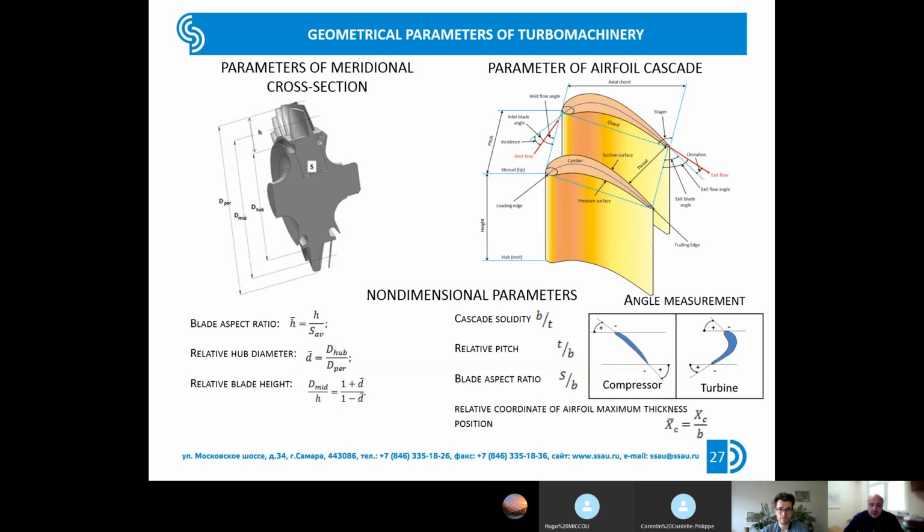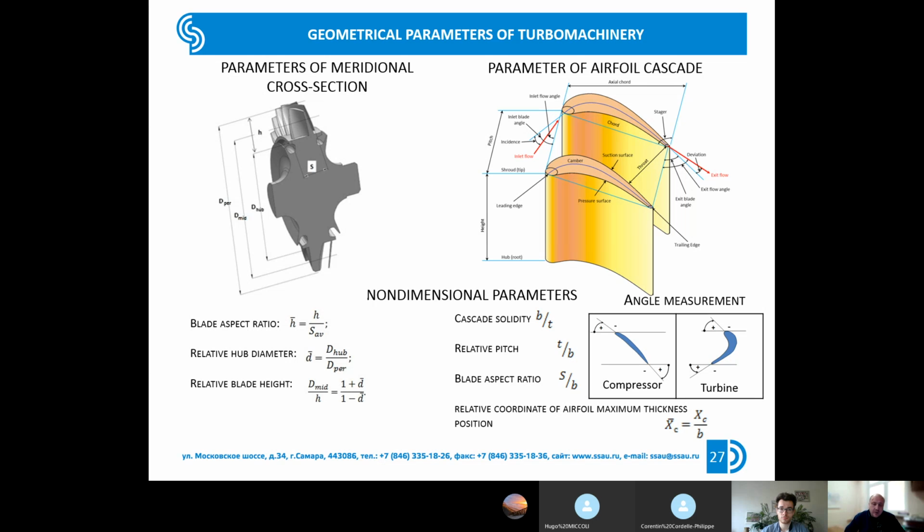I remind you that these definitions, which we will discuss today, are common for different types of turbomachinery: for compressors and turbines, and mostly they do not depend on the type. They are common for radial and axial turbomachinery. Of course, some machines have special features, but in general the principle is the same.